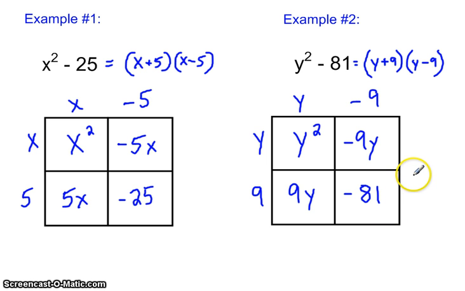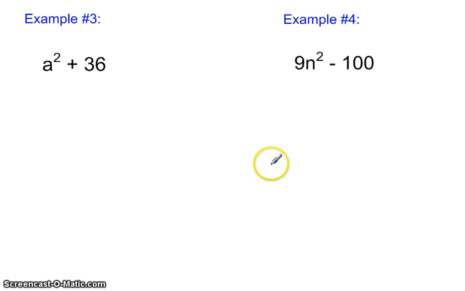Two more real quick. We've got a squared plus 36. It's a trinomial in disguise, but we've got a problem here. That's a plus, and we want it to be a minus. So this is unfactorable. This is prime. Don't waste your time with it.